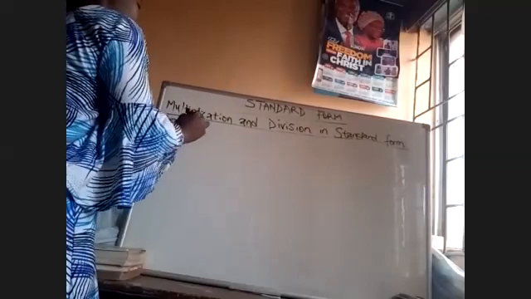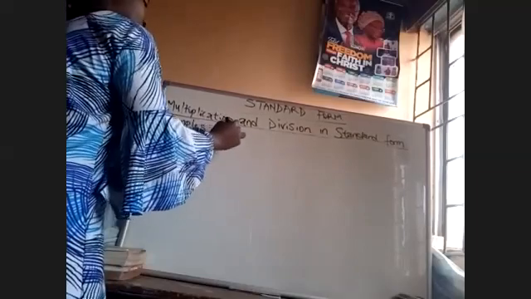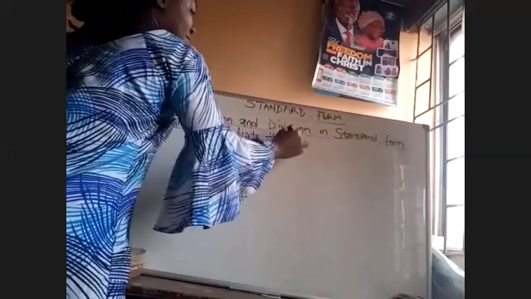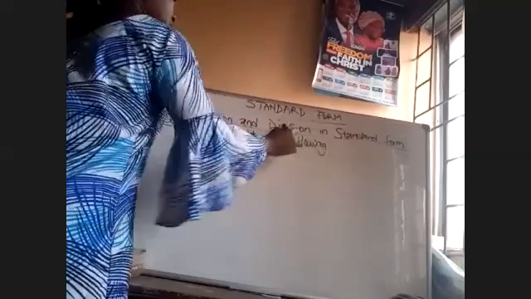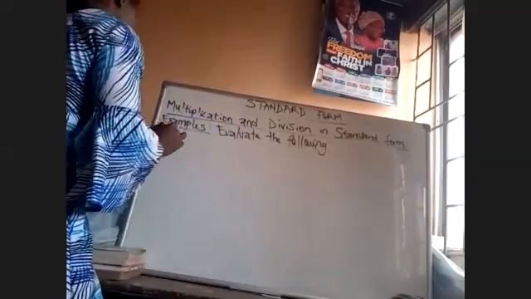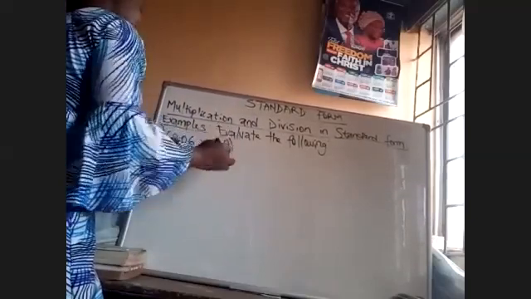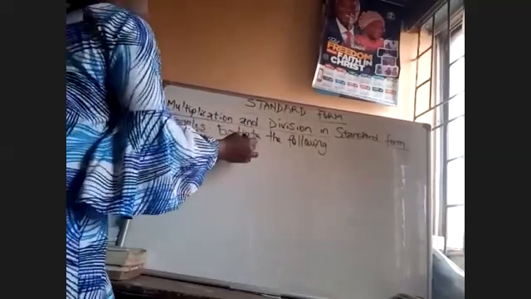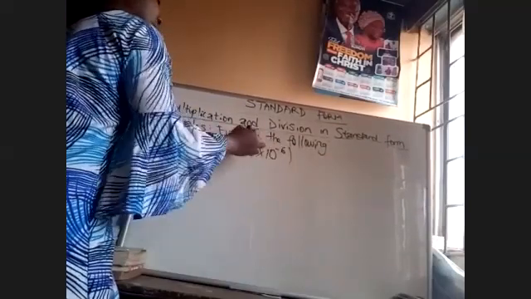Let's take examples. If we are asked to evaluate the following. One, given 9.06 times 10 raised to power minus 9 divided by 5 times 10 raised to power negative 6.